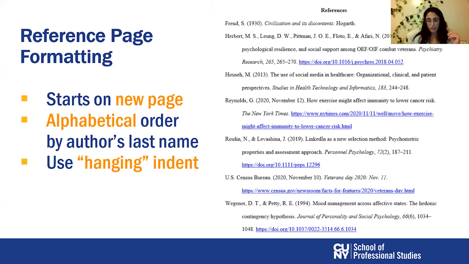And then for each reference, you start indicating all the information, and then on the second line, you have to start indenting all the other information. This is why the paper looks like it's zigzag. This is a must. This type of indentation is called hanging indent, and you can find it in the paragraph settings in Microsoft Word.